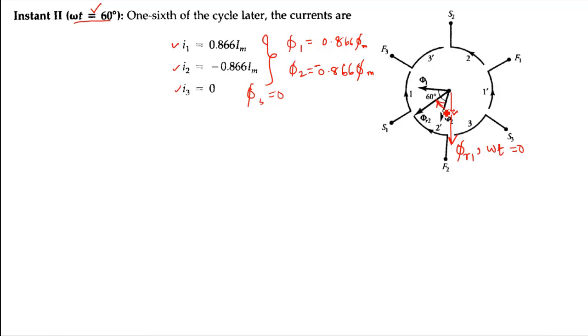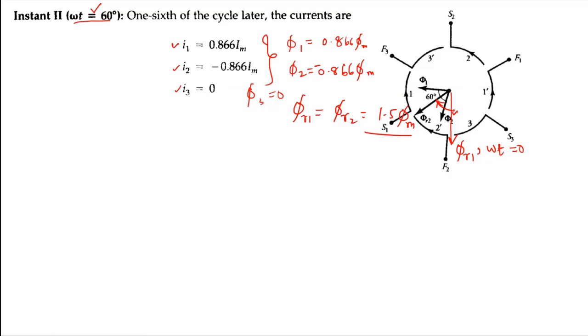So it has moved by an angle of 60 degree, but the magnitude remains the same: phi r1 equals phi r2 equals 1.5 phi m. The magnitude remains the same, whereas the angle it makes is another 60 degree from phi r1. So it is rotating with the change in flux, right?